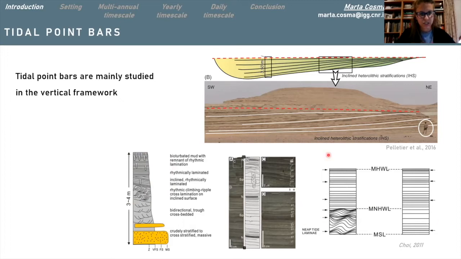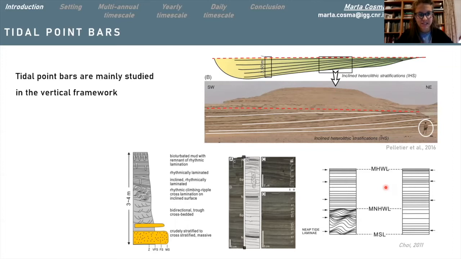And here is an example from the Gomso Bay by Choi, in which he showed that tidal rhythmites are developing between the mean sea level and the mean high water level. Therefore, as I said before, tidal point bars are mainly studied in a vertical framework.